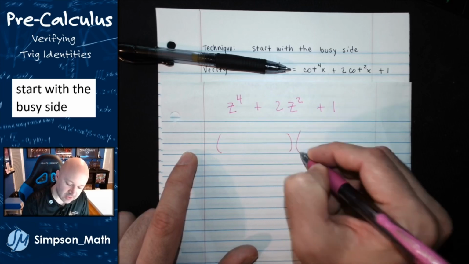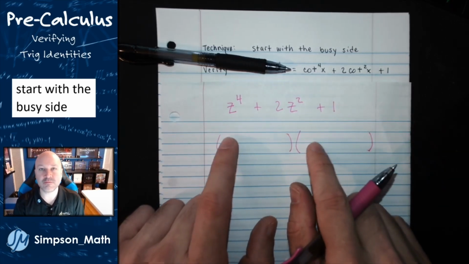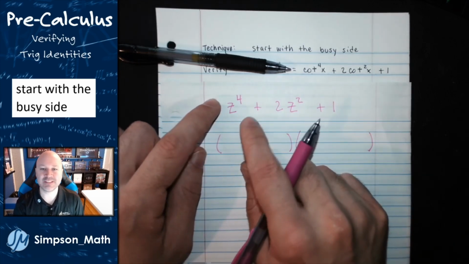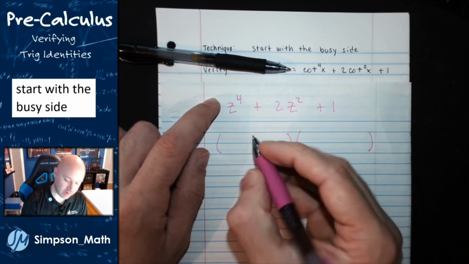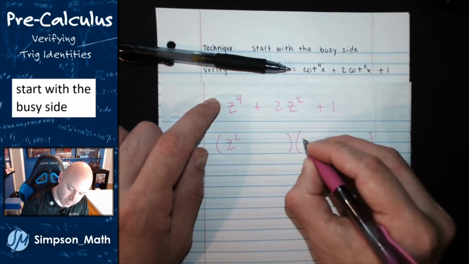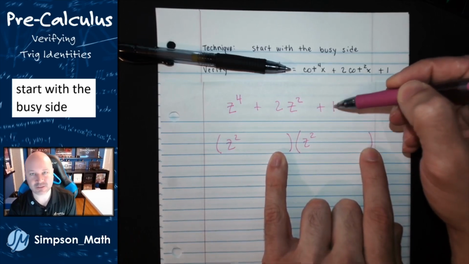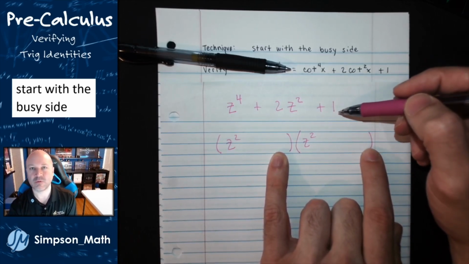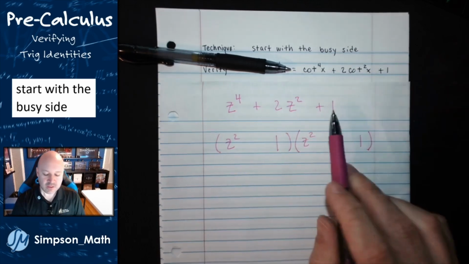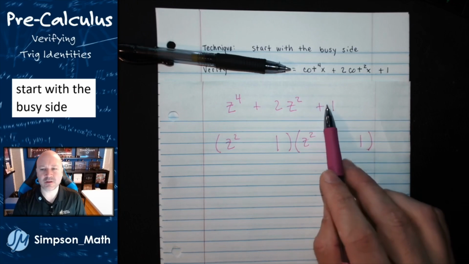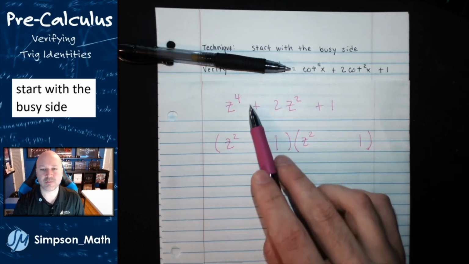Trinomials factor into the product of 2 binomials, where the first 2 terms, when multiplied, have to give me the first term, z to the fourth. How about z squared and z squared? The last 2 terms have to multiply to give me the constant. Well, integer-wise, I'm thinking 1 and 1. This tells us that signs are going to be the same, and in this case, they're both going to be positive.